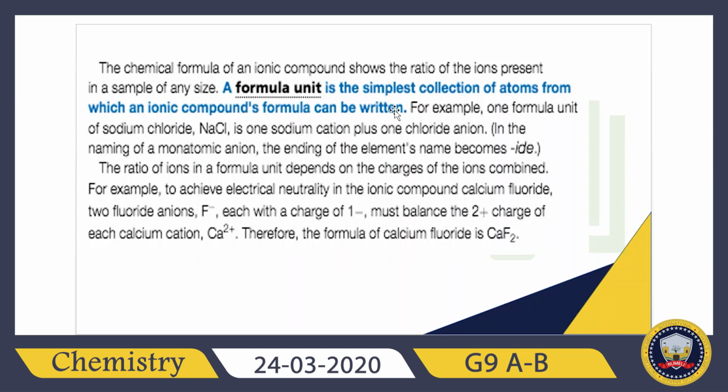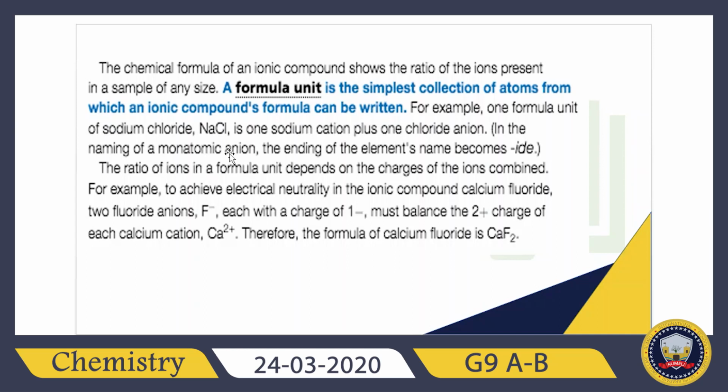For example, the formula unit of sodium chloride is NaCl, the simplest collection. One atom of Na and one atom of Cl, or actually one ion, Na+ with one ion, Cl-. They combine with each other, okay, so they become NaCl. This is the formula unit, the simplest collection of atoms.